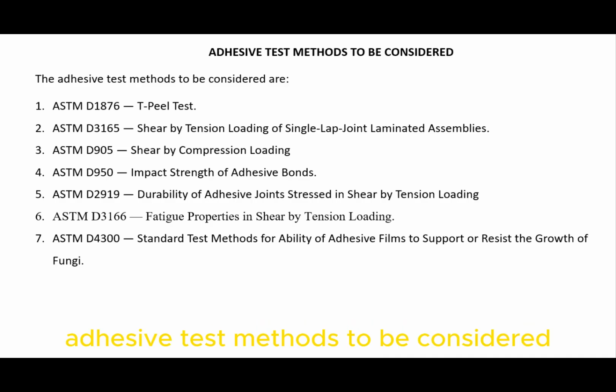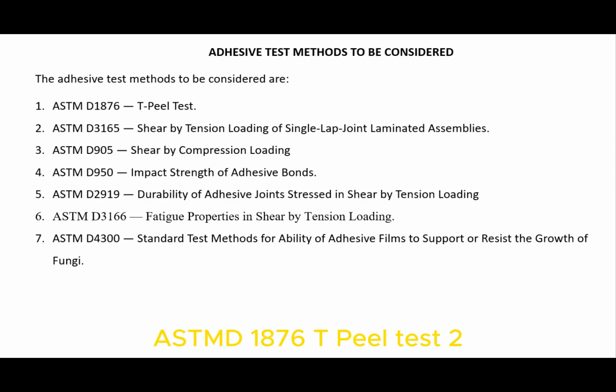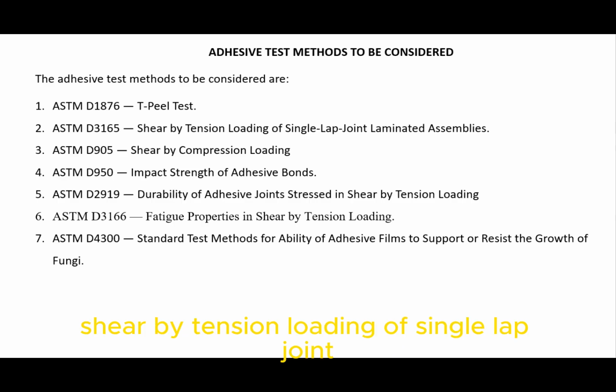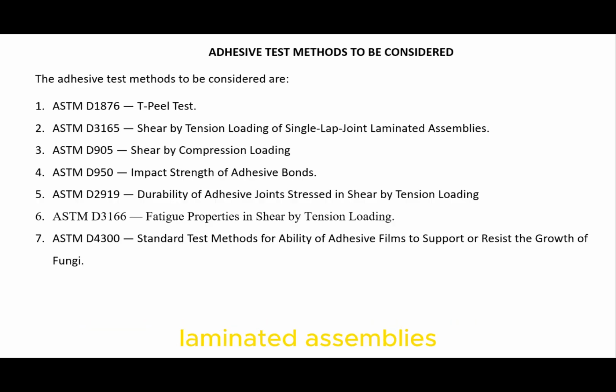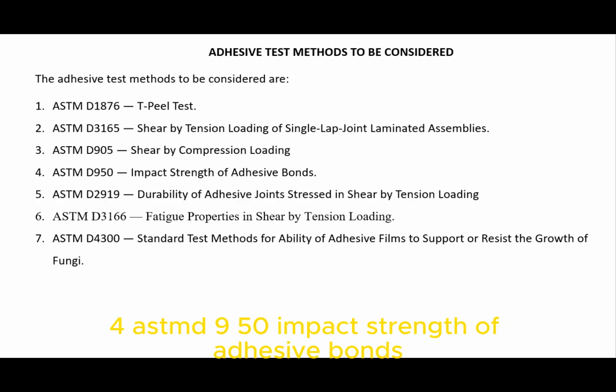Adhesive test methods to be considered. The adhesive test methods to be considered are: 1. ASTM D1876 T-peel test. 2. ASTM D3165 shear by tension loading of single lap joint laminated assemblies. 3. ASTM D905 shear by compression loading. 4.